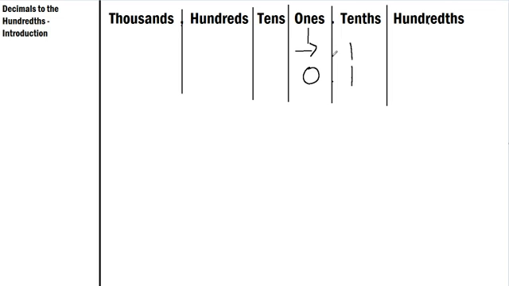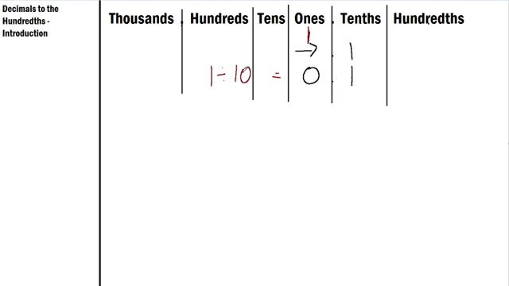We are taking that one and dividing it by 10. So 1/10 is the same as 1 divided by 10.